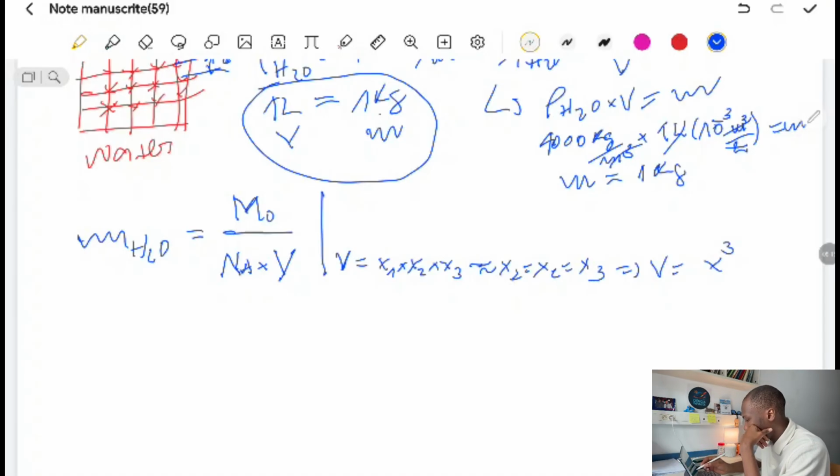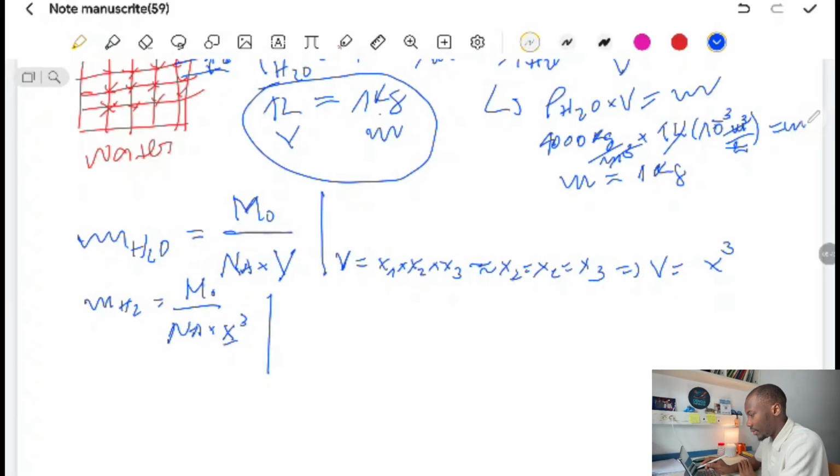Okay, so our formula here becomes the mass of water equals molar mass over Avogadro number, times x cubed. That's the distance that we are looking for.